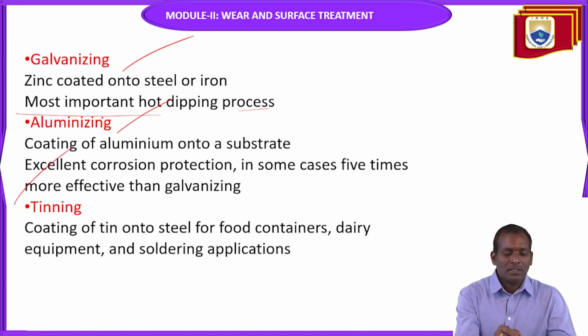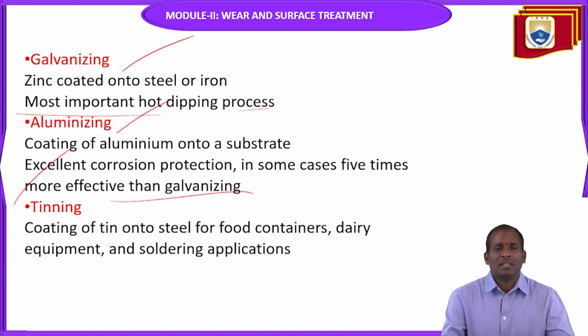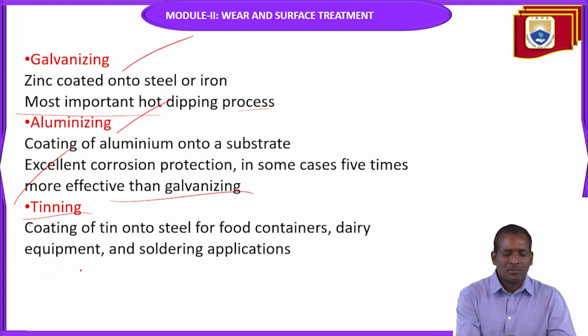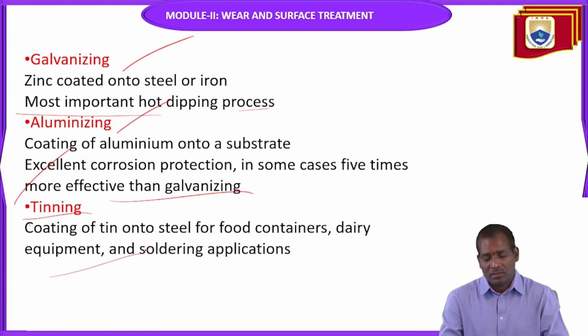Tinning is the coating of tin onto steel for food containers, dairy equipment, and soldering applications. All these methods come under the hot dipping process.